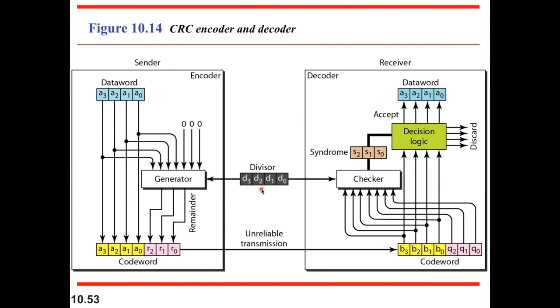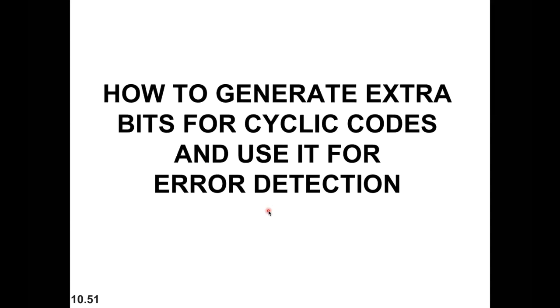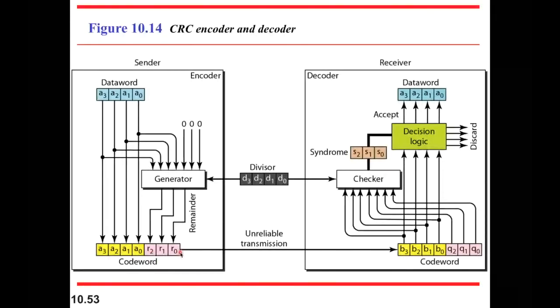The divisor will be a 4-bit number. The generator divides the number I gave it as input with this divisor, and it will find the remainder after the division and put the remainder here.